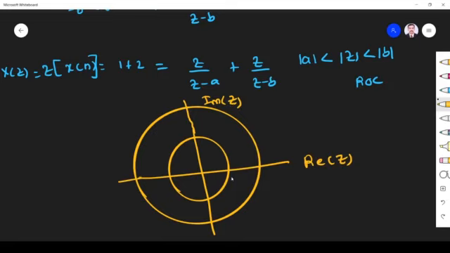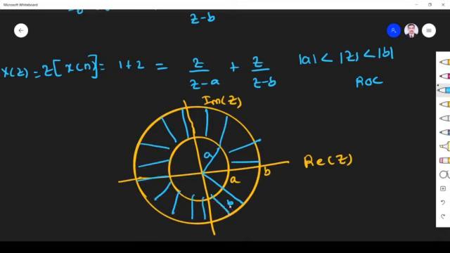Let us assume this is z equal to a and this is z equal to b. Mod z should lie between a and b, so in between a and b means this ring. This is the area.